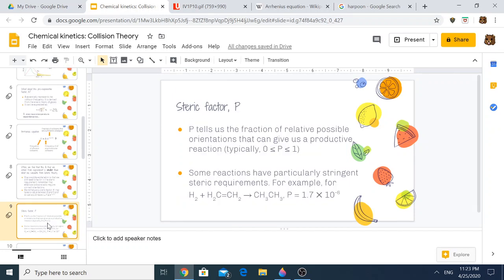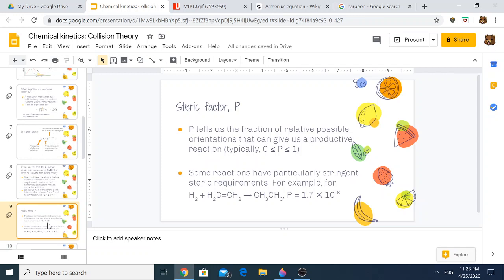So more about the steric factor. Naturally, as p is a fraction, it ranges from 0 to 1. The smaller the value of p, the more stringent the steric requirement can be said to be. For the addition of hydrogen across ethene, the steric factor is really small, indicating a very stringent steric requirement.